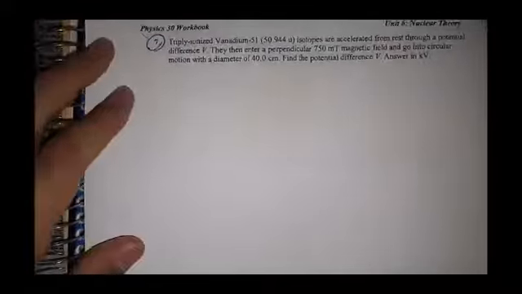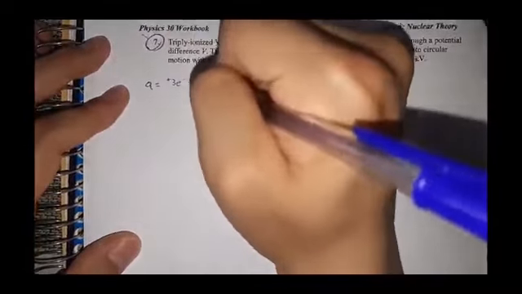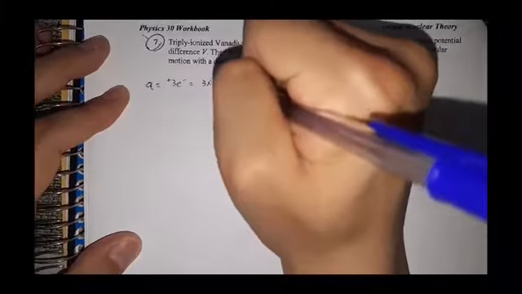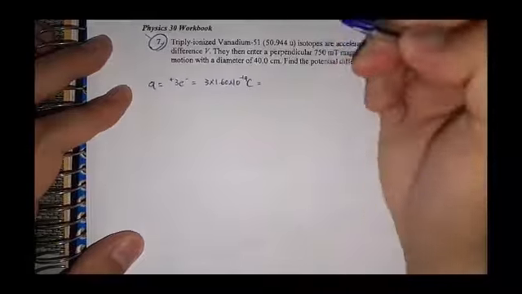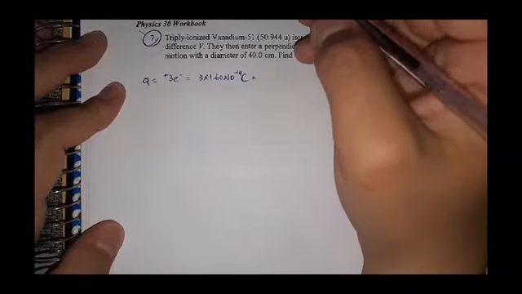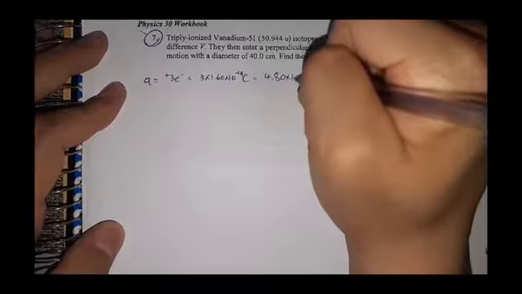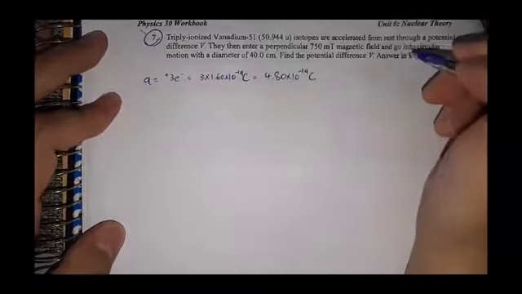So let's figure out what clues are given first. Q is given, it's positive 3e, so that means 3 times our fundamental charge, and if you punch those numbers in, you will have 4.80 times 10 to the power of negative 19 C. So that we know.